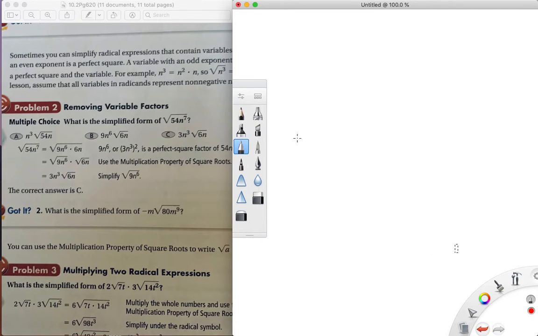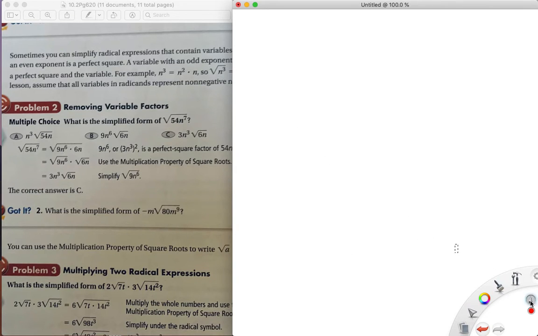That was weird. They have a scenario where we have an n cubed.